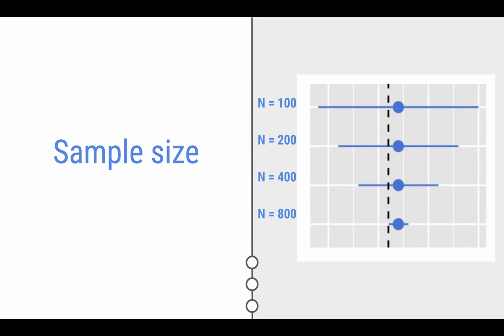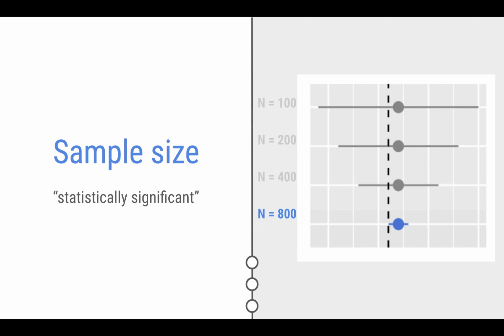Notice when n is 100, the confidence interval is the largest, so it includes the null or the no effect line. When n is 200, the point estimate remains the same, just barely above the null effect, but that confidence interval is getting slightly smaller. And when we get up to when n is 800, while the point estimate is still the same as the previous samples, and so it's still not clinically significant, the confidence interval is much, much smaller, and it no longer touches that dashed line or that null hypothesis.